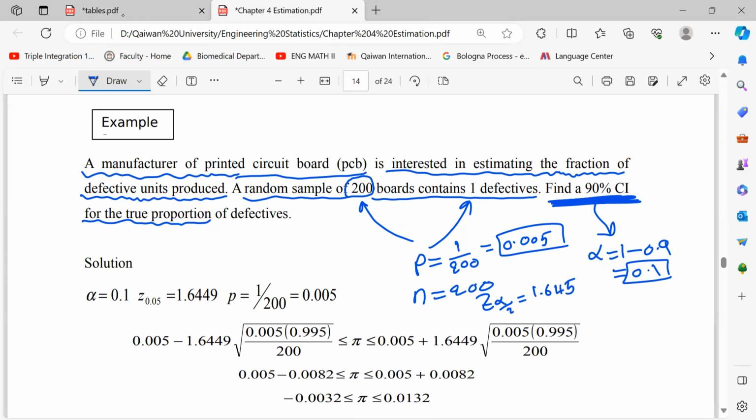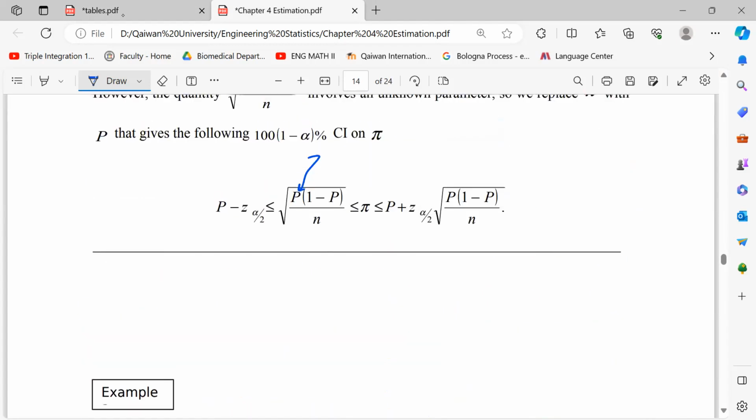That's it. We now have P, N, and Z. We replace these here. This is P, Z, this P also, and N. We replace here and here also. We could get both sides.